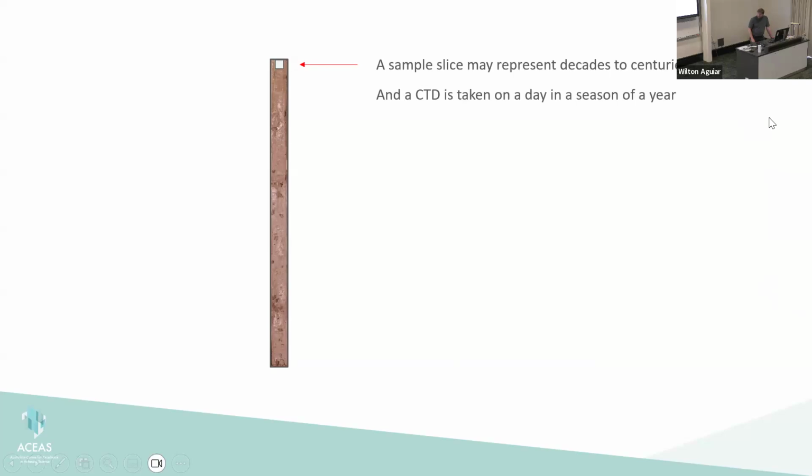And then I'm trying to compare this to CTD data that's taken on a single day, in a single season of a single year, which could be a warm year or it could be a cool year. And it means that that's likely not the most effective means of comparison with the oceanography of this region.